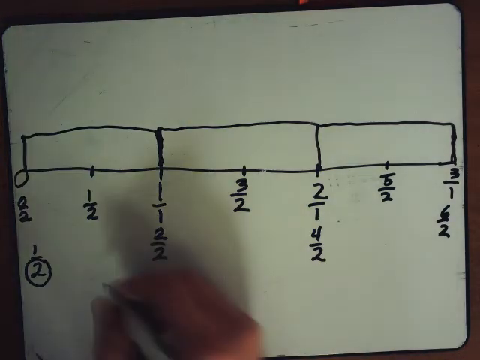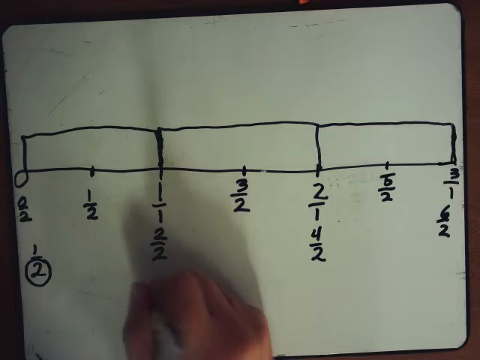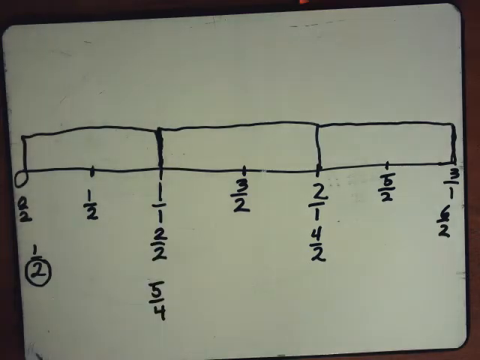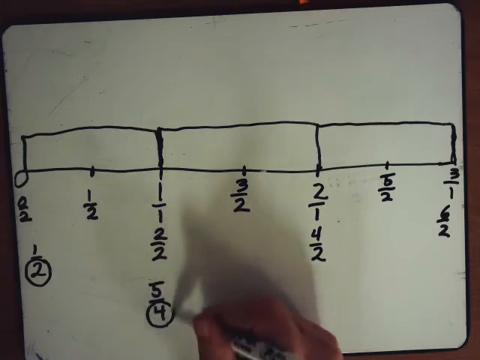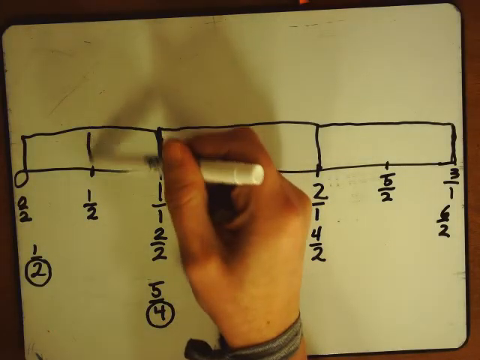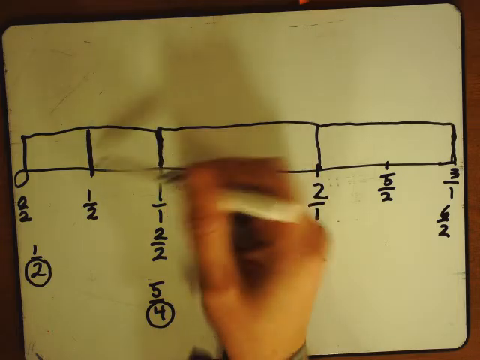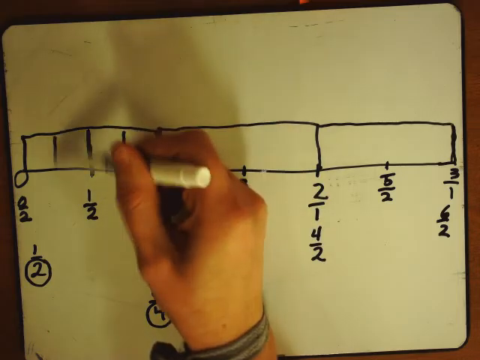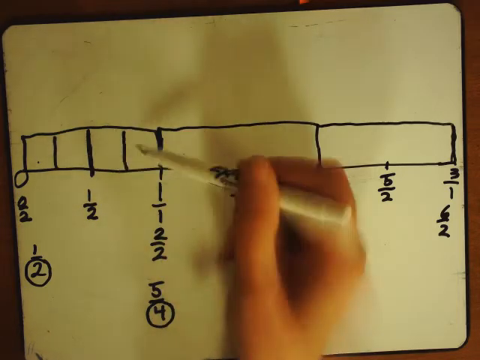So if I were asked where 5/4 on the number line was, I would break each whole into 4 pieces. I like to do that by breaking it in half, and then half the halves for a total of 1, 2, 3, 4.